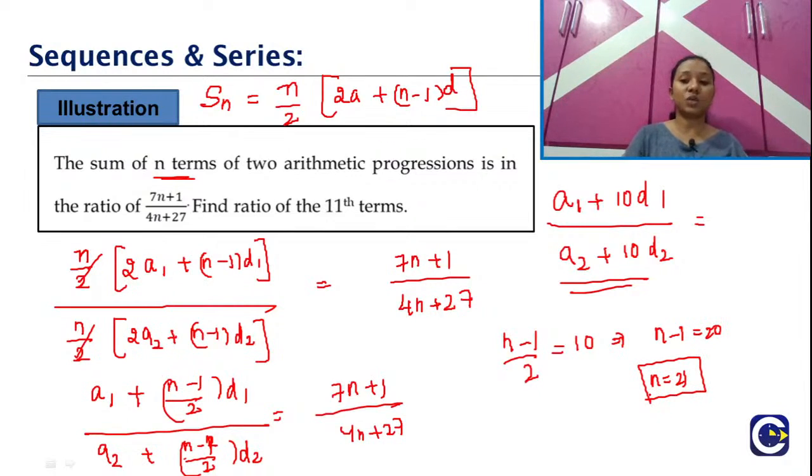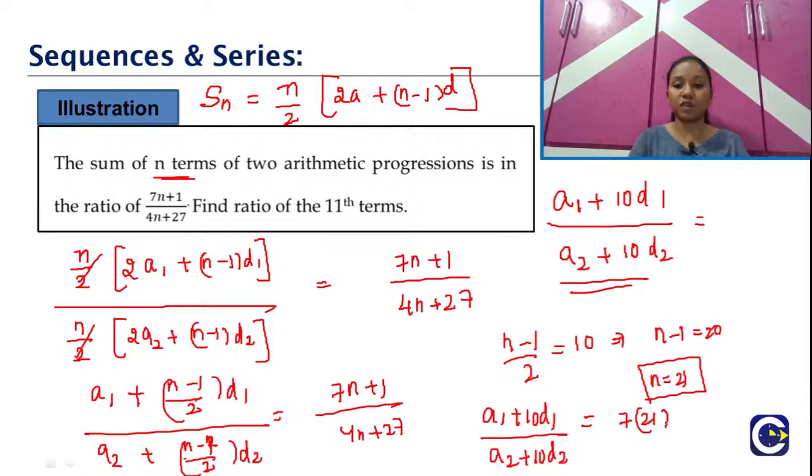That means when n equals 21, in this condition we'll have the ratio of the two 11th terms. That means a1 plus 10 d1 divided by a2 plus 10 d2 will be equal to 7 into 21 plus 1 divided by 4 into 21 plus 27, as the n value should be 21. Now 7 into 21 is 147, plus 1 is 148.